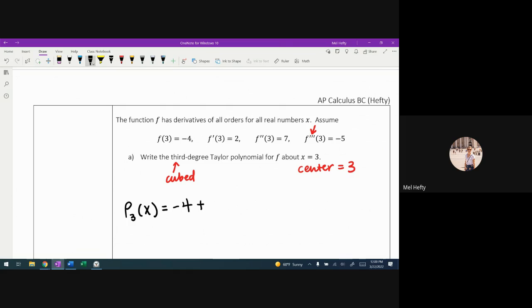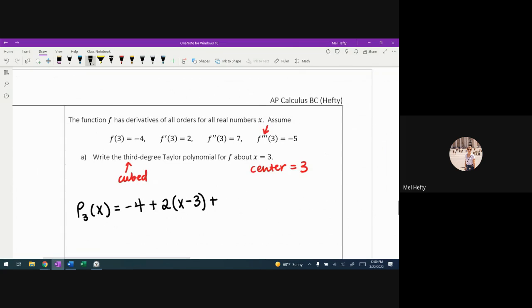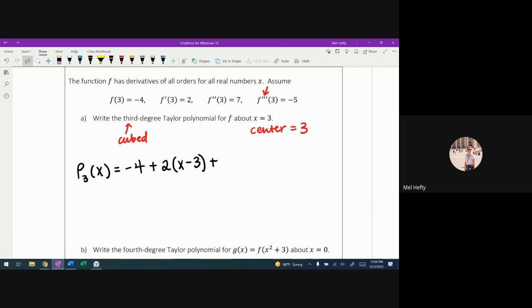Which derivative am I going to use? The first. And then this is our linear term. So we need an x in here. I'm going to say it's x minus something. 3, good. All right, to the first power. All right, what about our next term? Good. All right, we remember when we get to the second degree term, we need a 2 factorial.